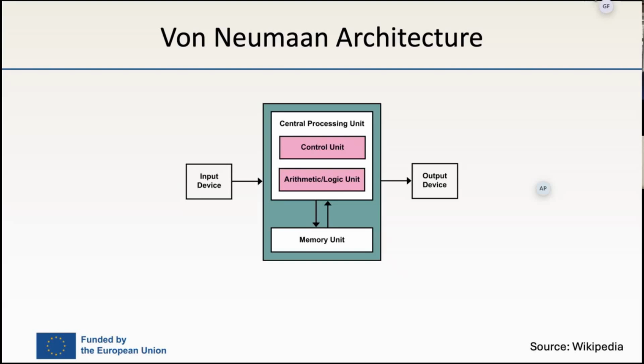The processing is where your computations happen, and memory is where your data is stored. Von Neumann architecture allows for a separation between the processing and the memory, and the data gets transferred in and out from the memory to be processed in the processing unit. So that is what von Neumann architecture is.